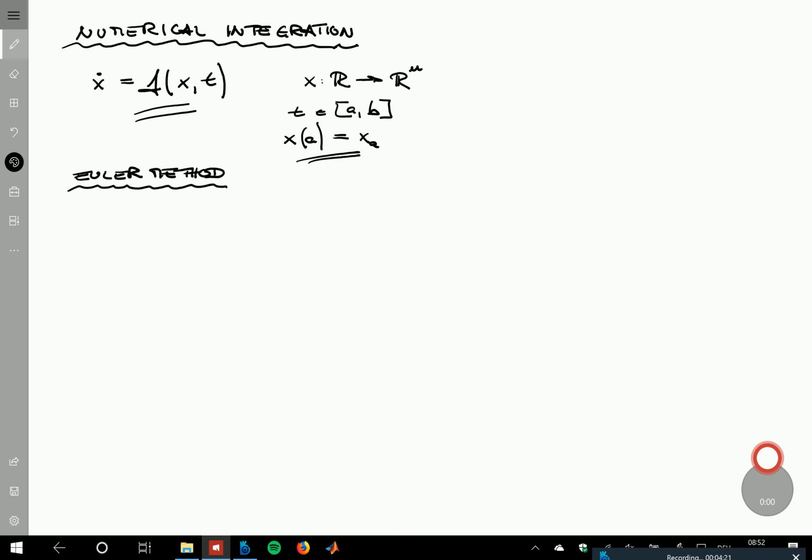So the general idea in numerical integration is, instead of dealing with time in uncountable sets, so in intervals that are subsets of the real line, to do something that you will find much more natural: to consider a set of support points tk.